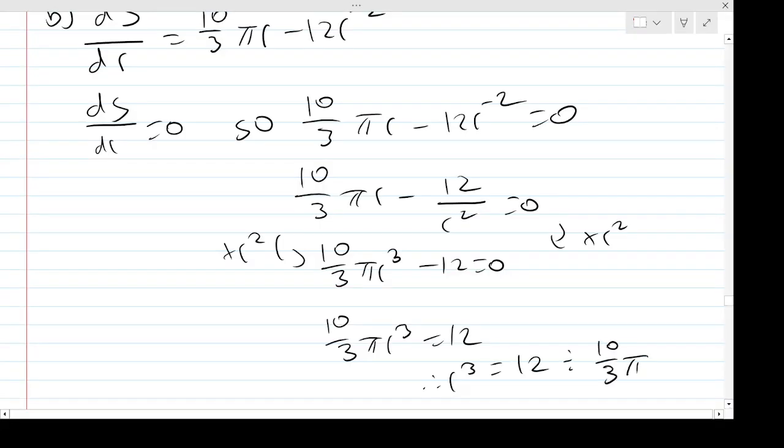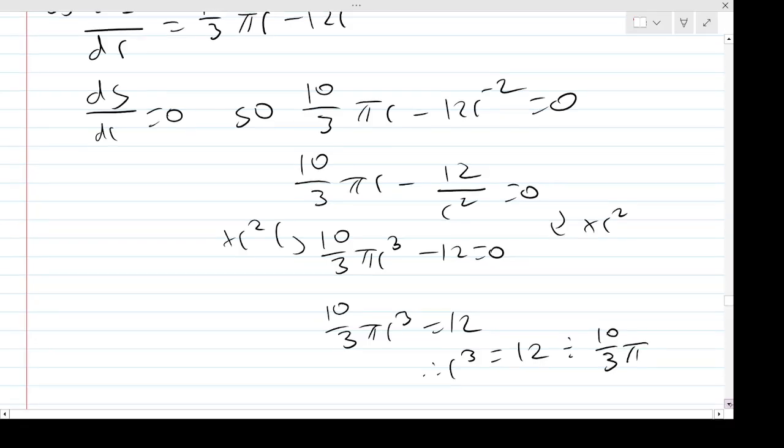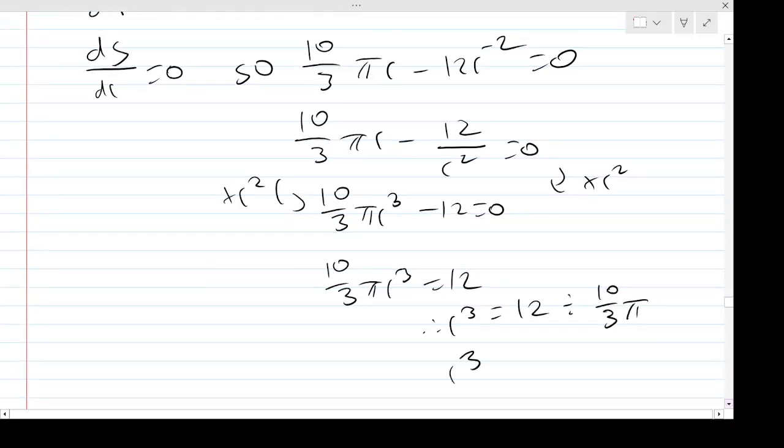If I put that in the calculator, it gets me some decimals, so it gets me 1.1459 and so on.